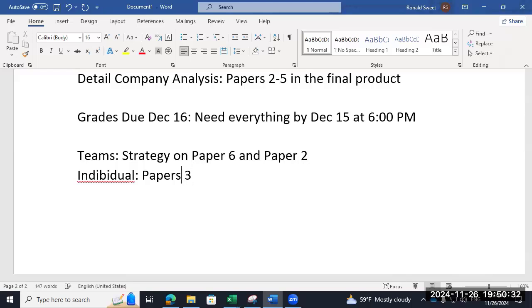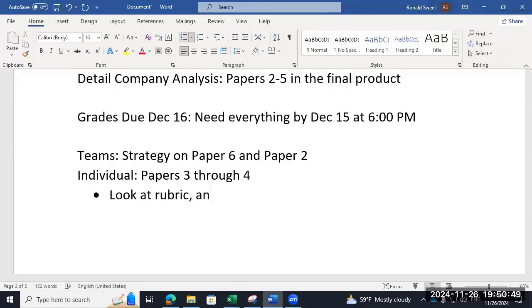You might want to make some changes there. Individual is papers 3 through 5, well, I guess through 4. Look at the rubric. Decide what you want to resubmit.